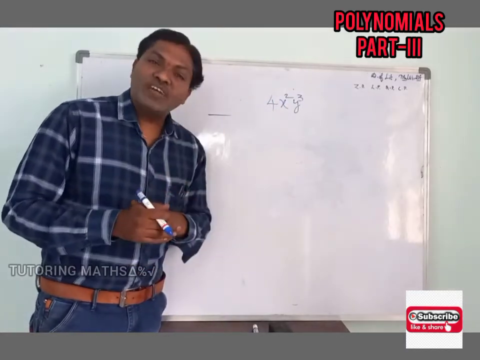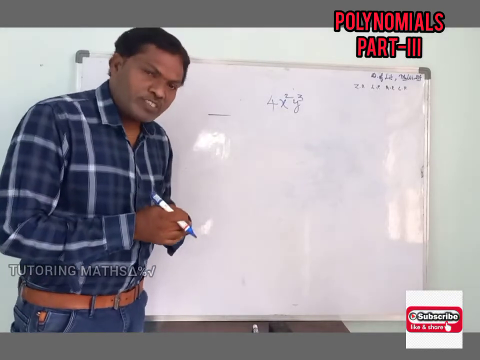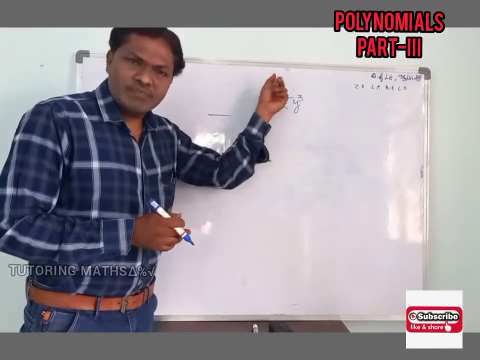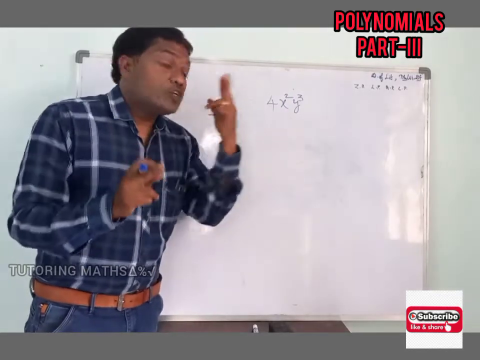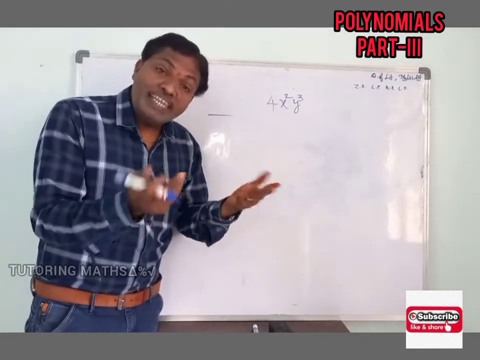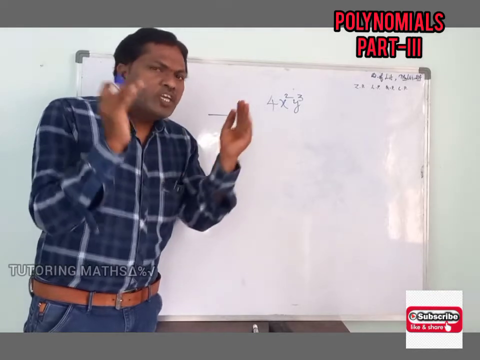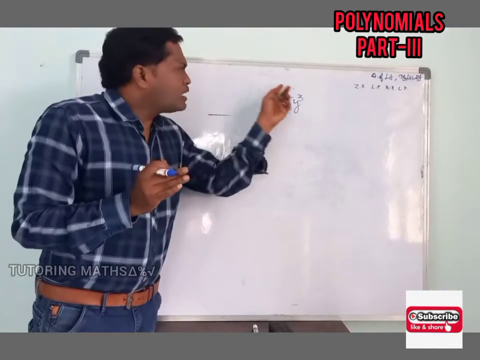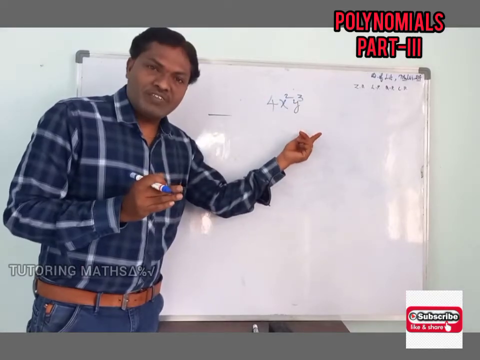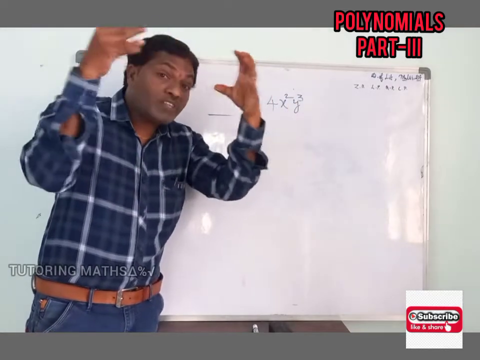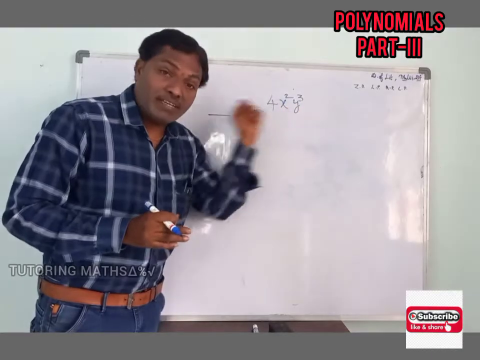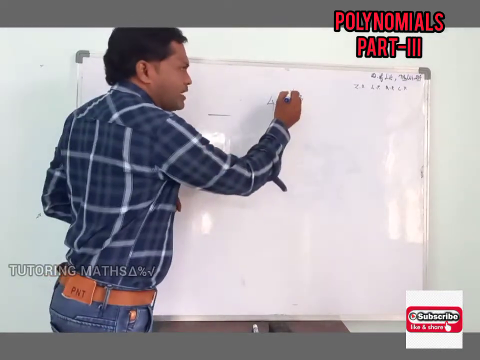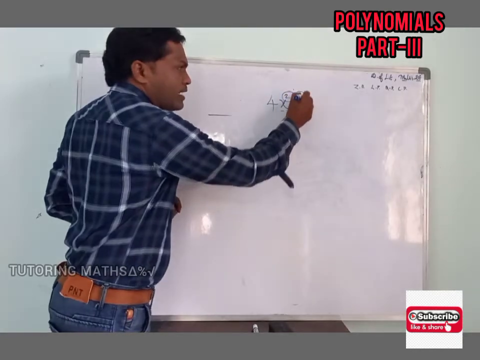But you are absolutely wrong. Why? Because a monomial is a single term. When you get 2 or more than 2 literal terms, variables, you have to add the exponents of the variables. You have to find the sum of the exponents of the variables. x, y are variables and the exponents are 2 and 3.